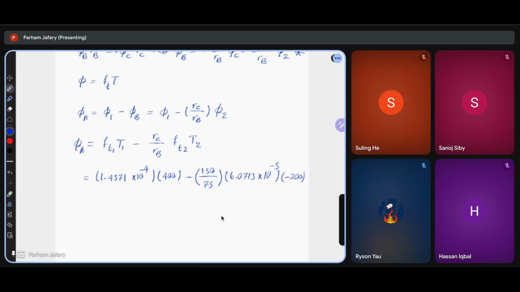Okay? Calculating this value gives us phi at point A to be 0.0644 radians.